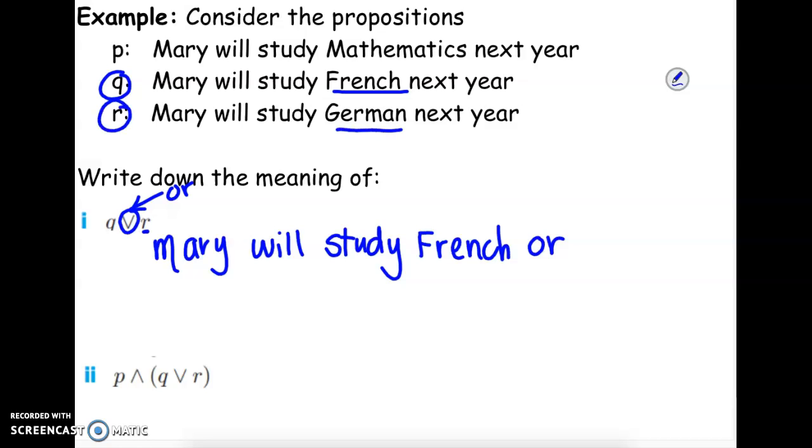That she's going to study German next year. So Mary will study French or German next year.